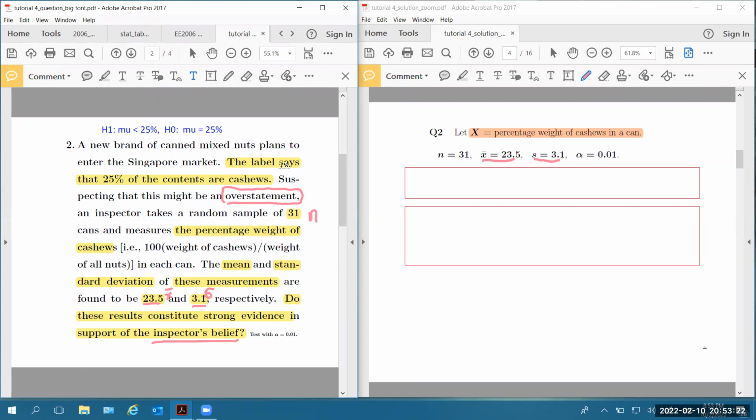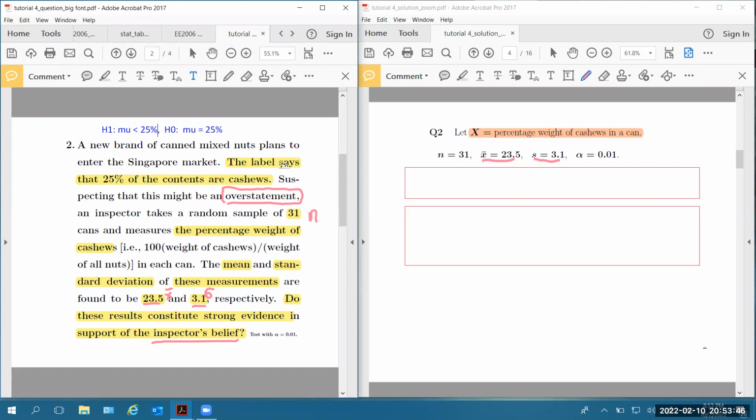A percent or no percent, there's a difference. Should it be 0.25? Of course, if you put percent, that means actually it's 0.25. If we don't put percent, then it's just 25.